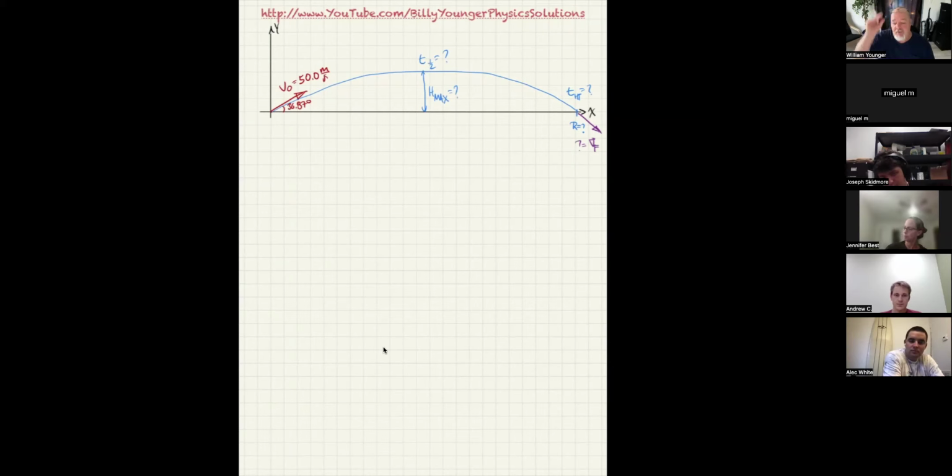So these are the problems I'm going to be thinking of. Now, of course, problems that you work, like the ones at the end of the chapter and the ones in the homework, can be a little more complicated. Instead of me giving you the initial velocity and the initial angle, they might ask you for the initial velocity for it to go a certain distance, or they might ask you what angle it has to be fired so that it can clear the front of a cliff and then land on top of the cliff.